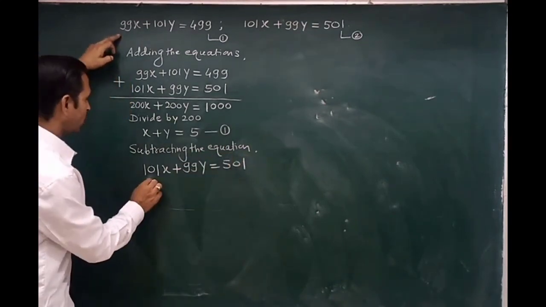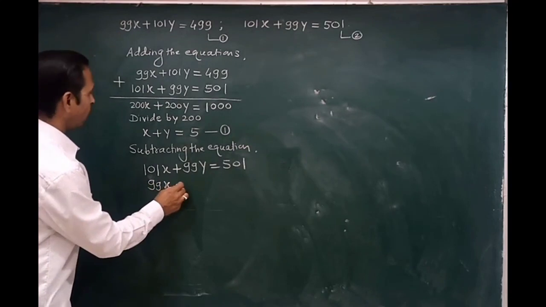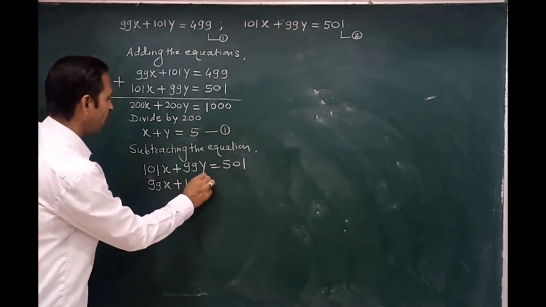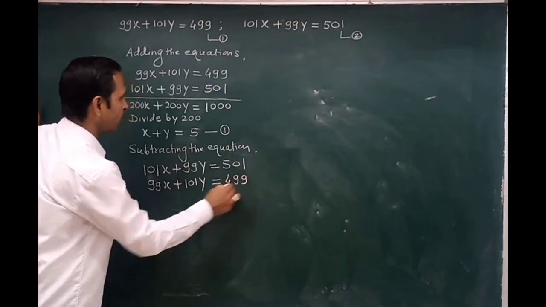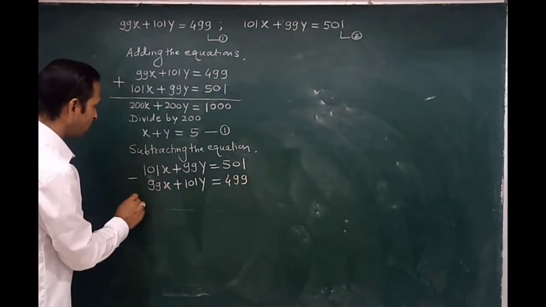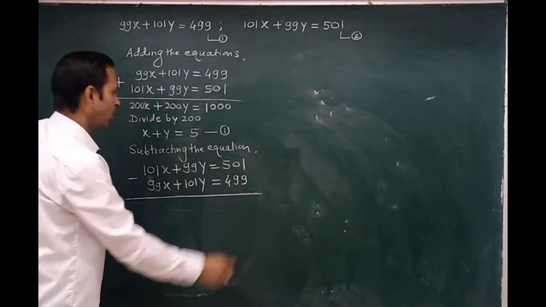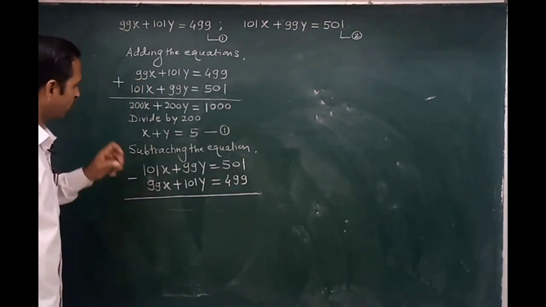Then we write the equation 99x plus 101y is equal to 499. Now we subtract this equation from the upper equation.